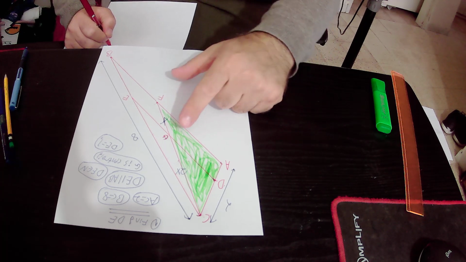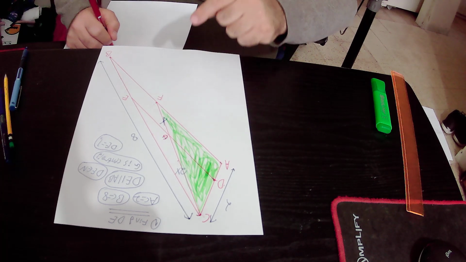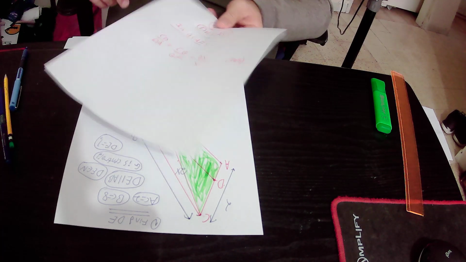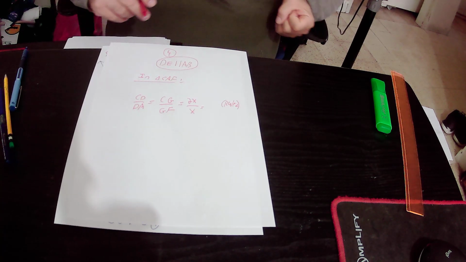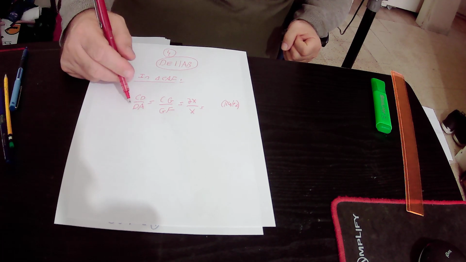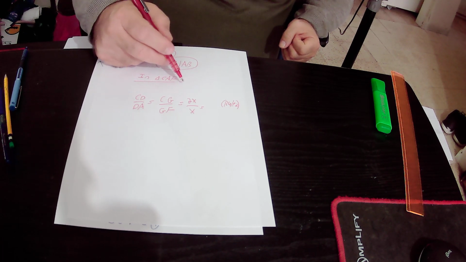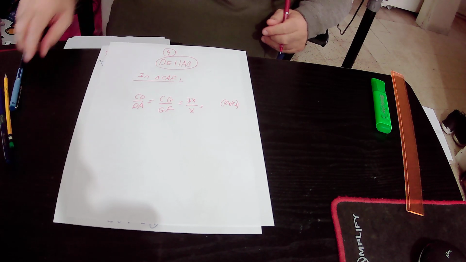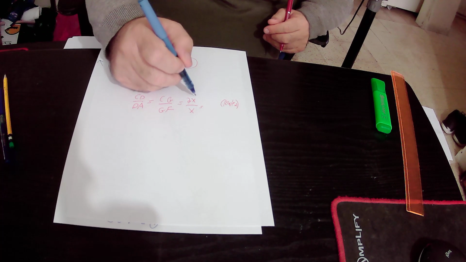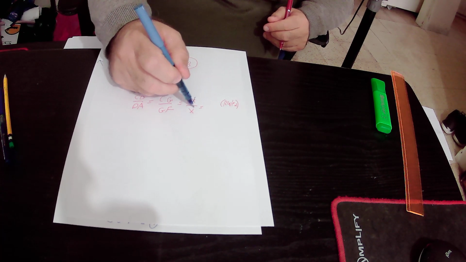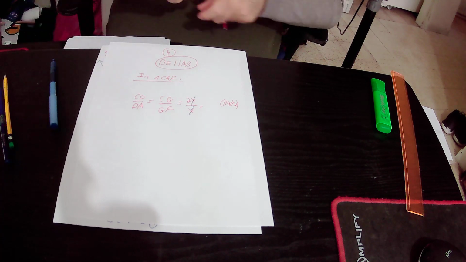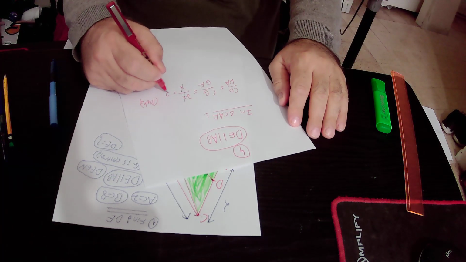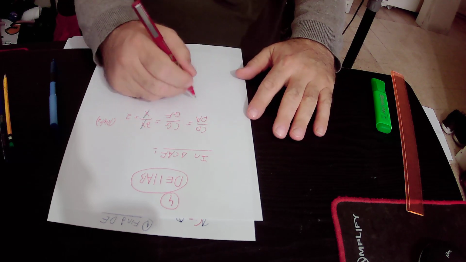And what is the value of GF? The value of GF is x. So we got that CD over DA equals 2x over x. So x over x is 1, so x gets cancelled and we are left only with 2. So CD over DA equals 2.